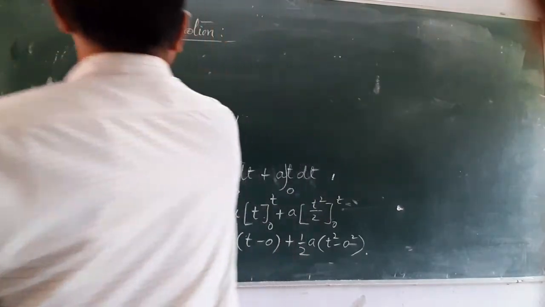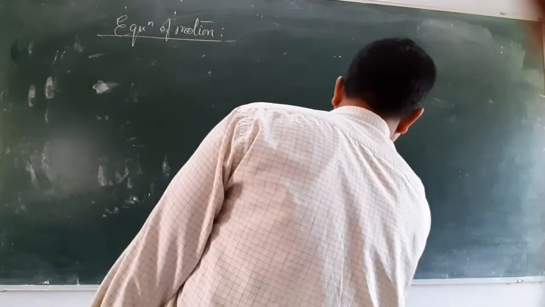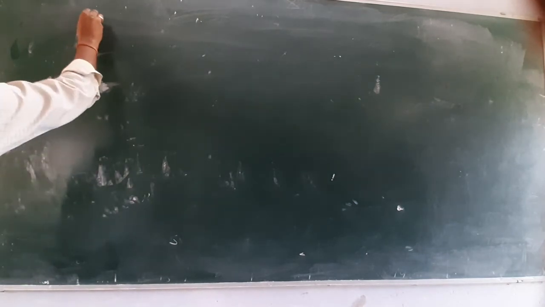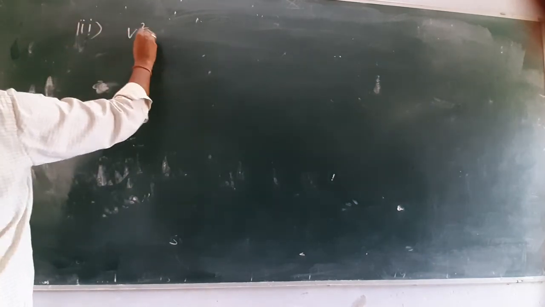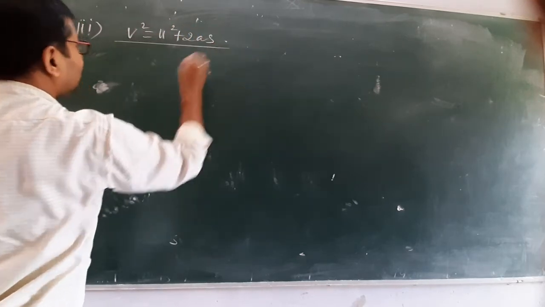Now come to the third equation of motion, which is v square is equal to u square plus 2as. You have to derive the third equation. Come to its root.